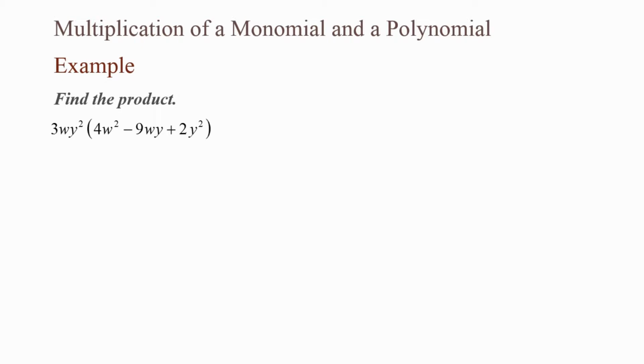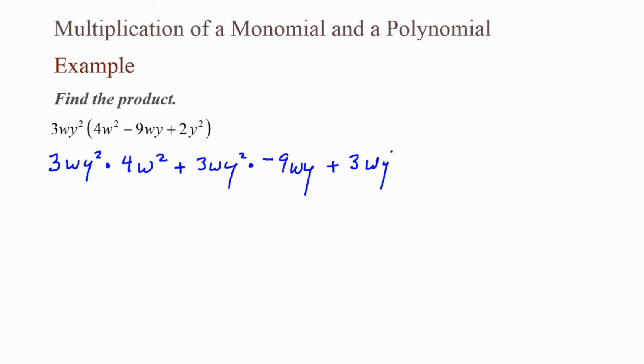We can use our distributive property, which means we'll have 3w y squared times 4w squared plus 3w y squared times negative 9wy plus 3w y squared times 2y squared.